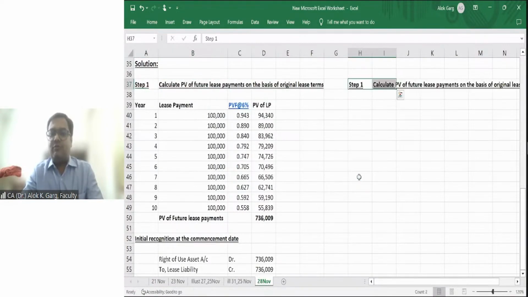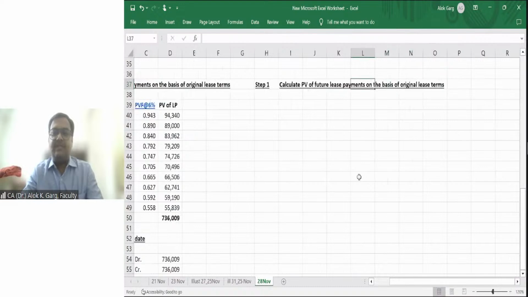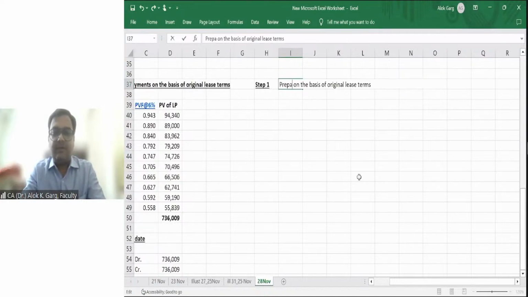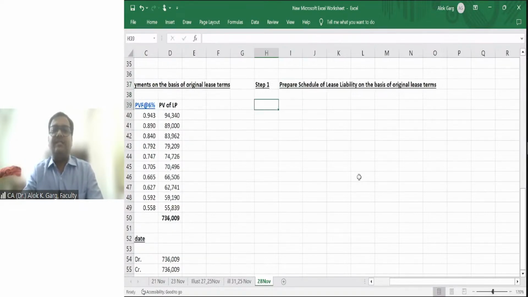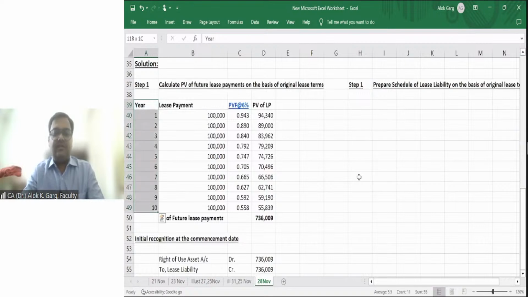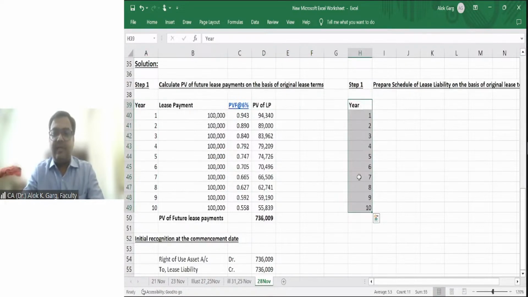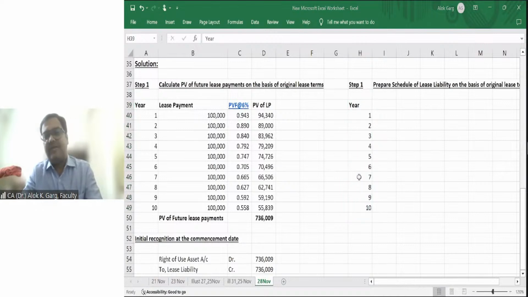Step number 2 is prepare schedule of lease liability on the basis of original lease terms and conditions. These are the years. Then opening balance, interest at the rate of 6%, payment and closing balance.